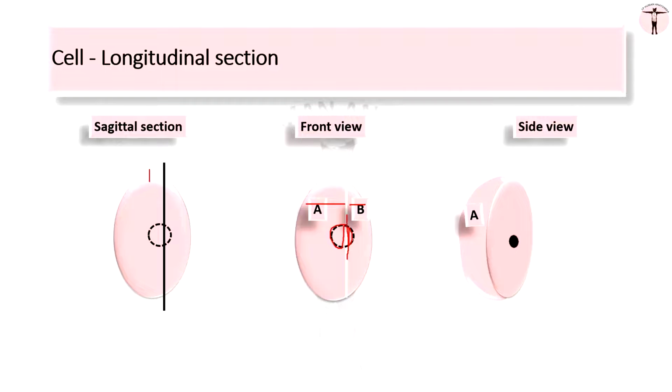In part B, when you look from the side, you can see a small nucleus, and because the section is passing to one side, the section is smaller for both the cell and the nucleus.